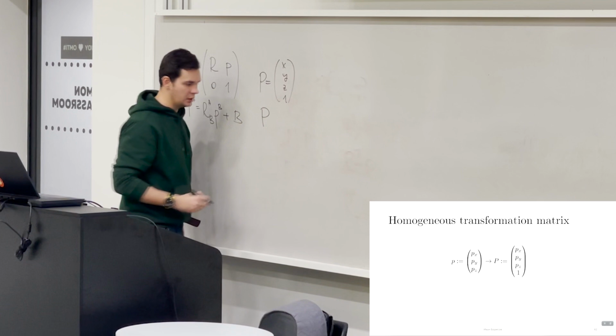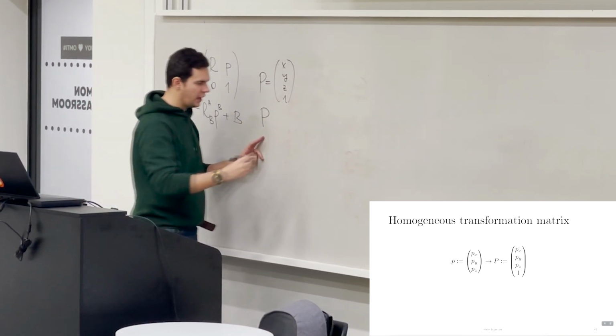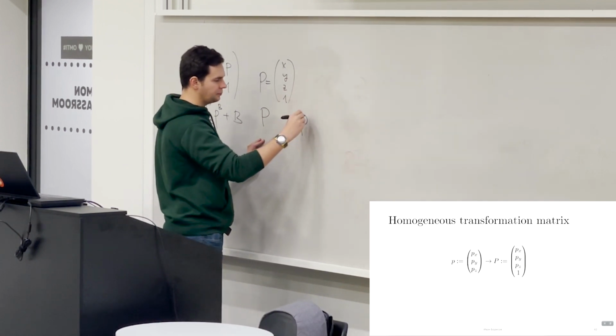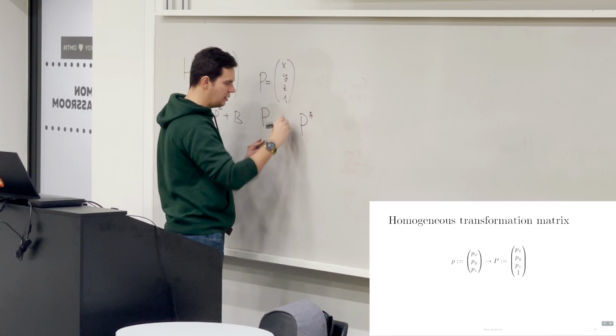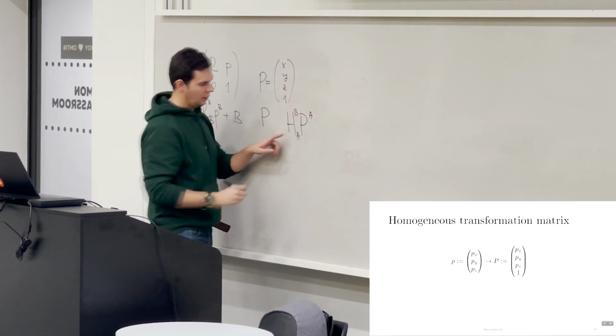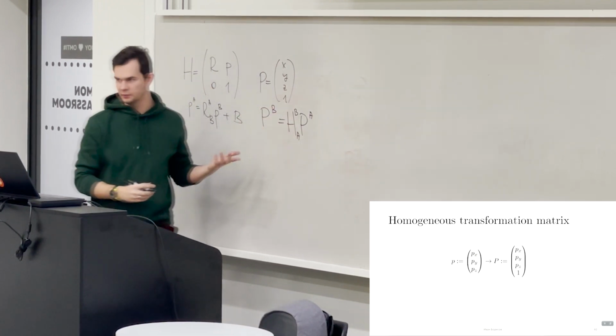The notation will be pretty much the same. For example, we have a representation in a frame, for example, A. If we multiply it with the H_AB, we will be left with the P_B.